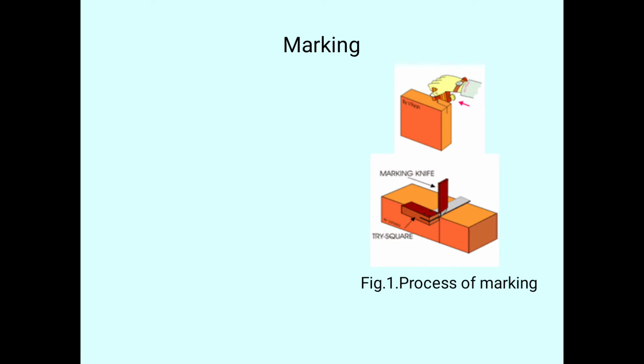Among them, first one will be marking. Now we can go through the marking process. If you look at the figure, we know how we are going to mark on the wooden workpiece.